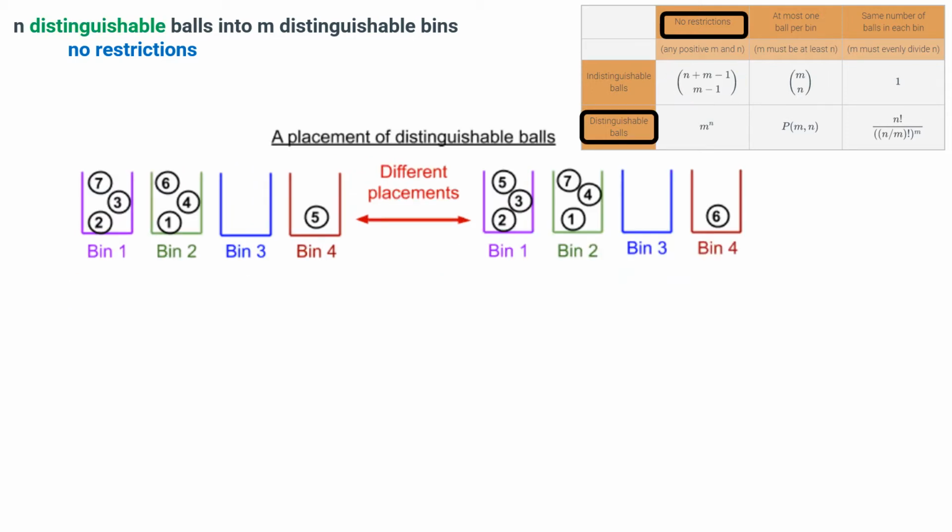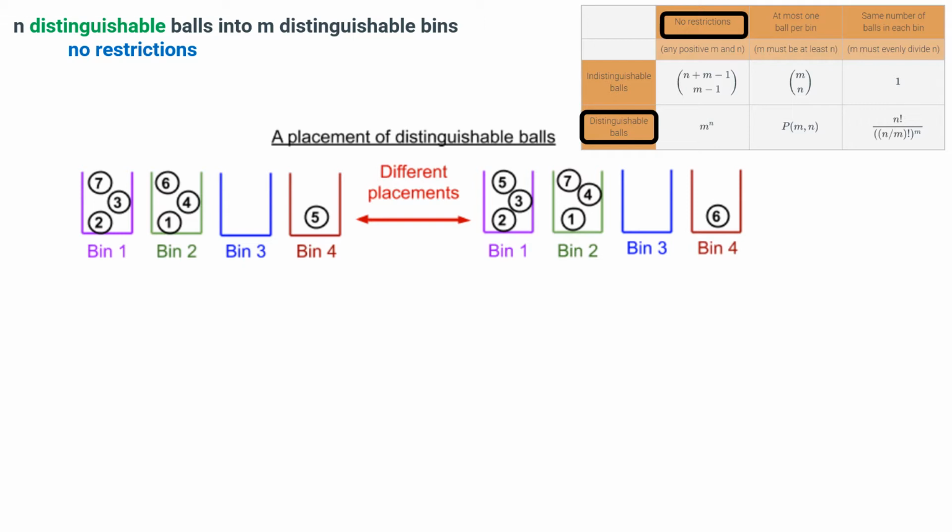Okay, let's go on to a new one. We have no restrictions again, but now you see that distinguishable balls is circled. So now we've got balls that might be numbered or have letters on them or are in some way all unique.